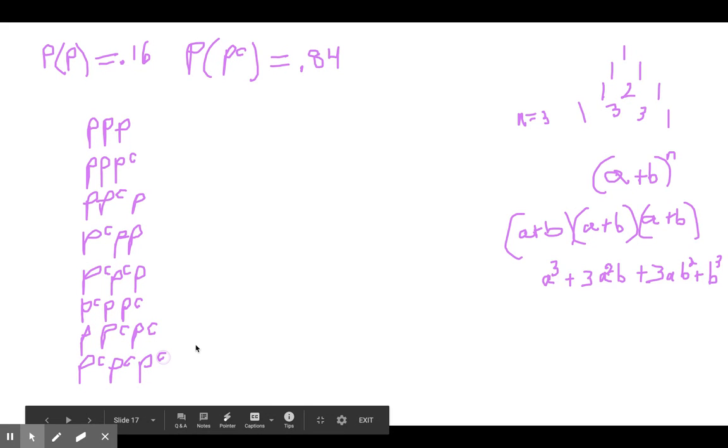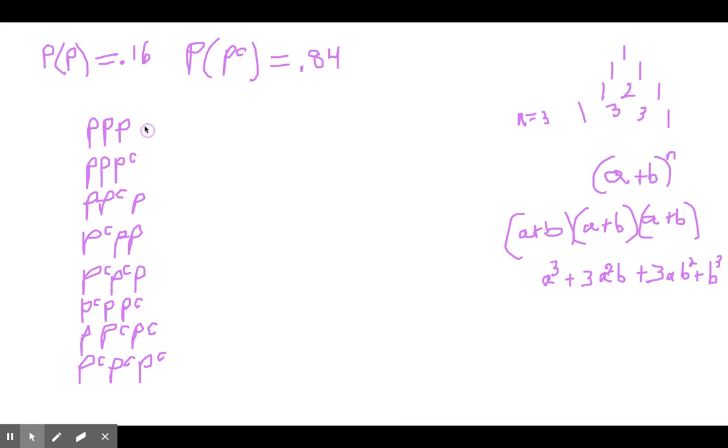If I ask 3 people, right, these are all the options. So this first option represents the 1 on my Pascal's triangle. And then these cases all represent where 2 people picked pink, but the third person did not. So 1 person did not say pink, but 2 people did.